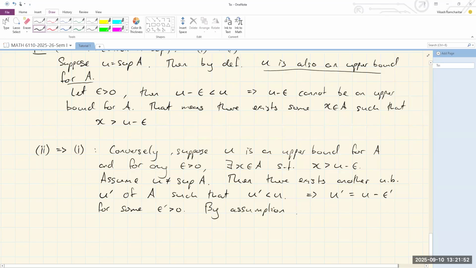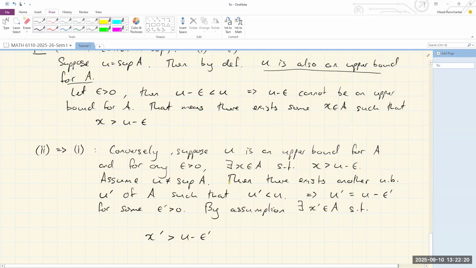So by assumption, there exists some element in A, let's call it x prime, such that that element is bigger than u minus epsilon prime, right?